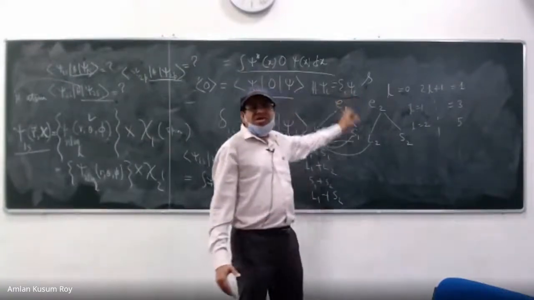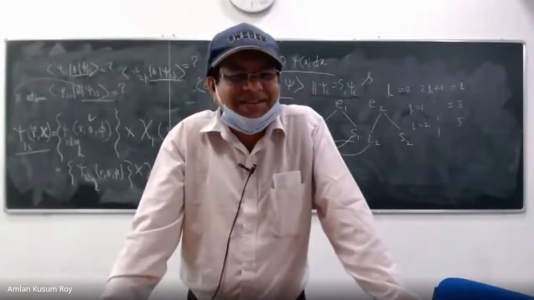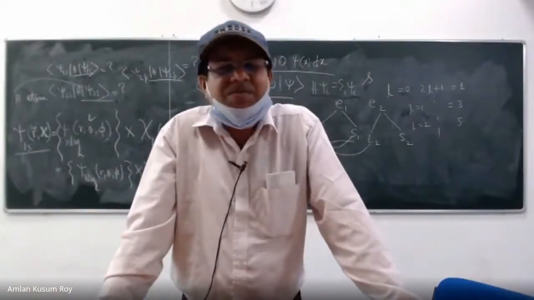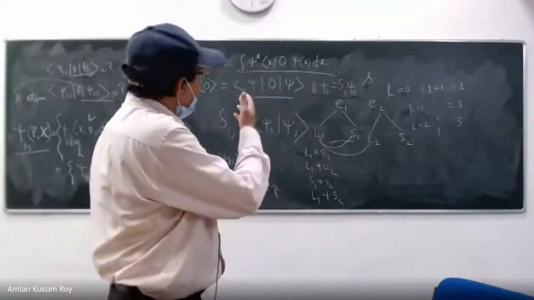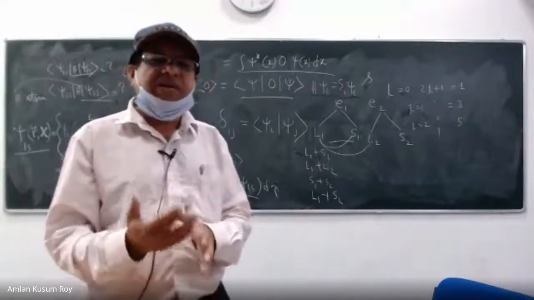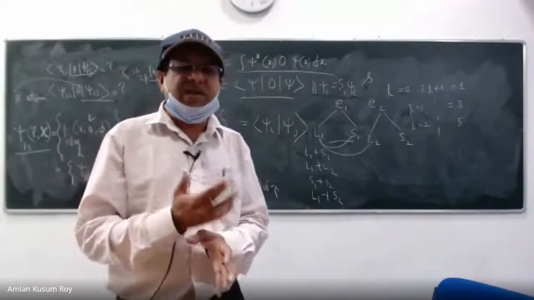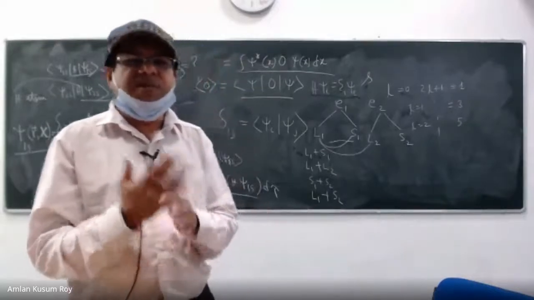From day one you have been writing this equation, but you still do not understand it, right? You have already finished one semester, even if there was no spin, but at least these things you have learned. So it is not that you did not do it, but that you have not made the connection. And that is a problem with quantum mechanics for every student. So please be careful.